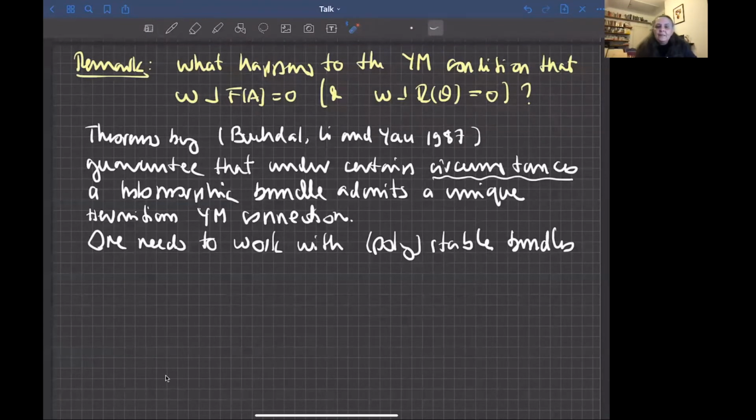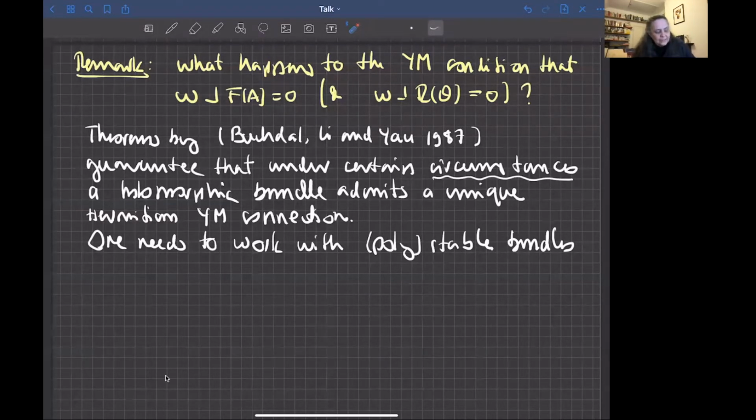But we use theorems by Bourguignon, Li, and Yau in '87 that generalize the work by Donaldson and Uhlenbeck and Yau in the case of Kähler manifolds. This is basically a generalization of those theorems that apply for manifolds that are not Kähler.